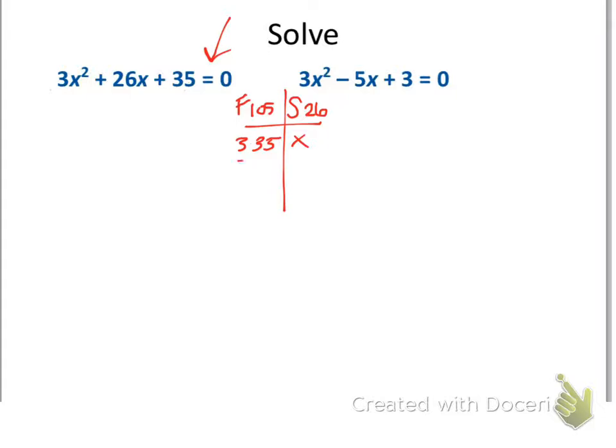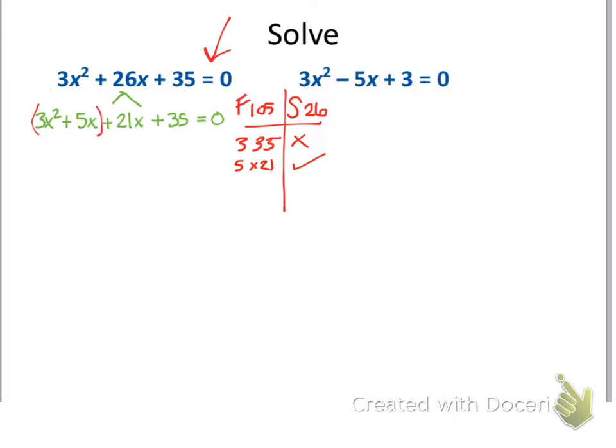What about 5 times 21? That adds up to 26. Okay, so remember the next step is to separate that middle term into those two numbers. So we're going to write 3x squared plus 5x plus 21x plus 35 equals 0.